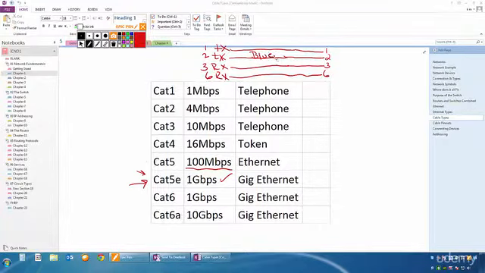So if this is the blue pair and this is the green pair, you're going to be making sure that you're not altering the pairs. I mean, you're not going to have a cable on this side. You're not going to have blue and then blue. I'm messing up completely today.